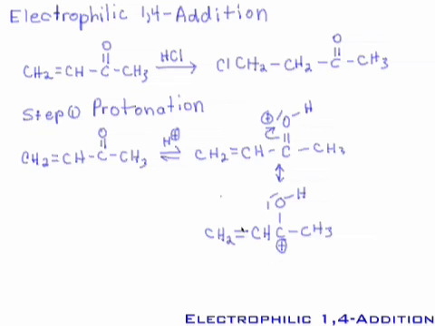Now likewise, we could move the pi electrons of the alkene between the CH and C of the carbonyl. If we do that, we would get something like this. An enol. And of course, you still have the CH2, except the positive is now on the CH2.